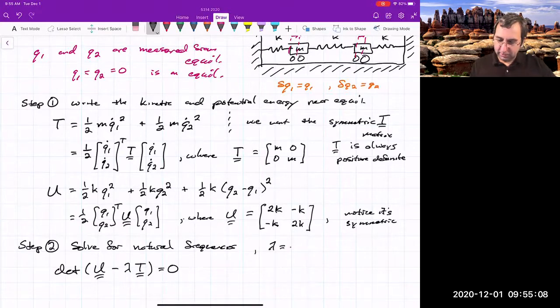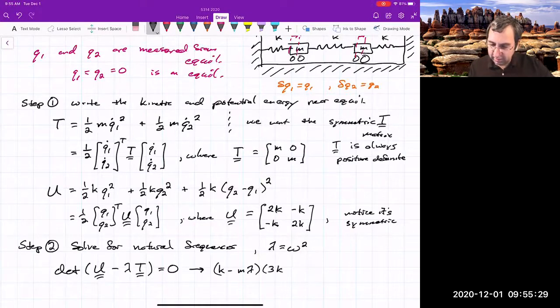And lambda equals omega squared. It's easier to just work with lambda when we're doing this though. So if you write out this determinant, you'll get that it becomes K minus M lambda times 3K minus M lambda equals 0. So that's our characteristic equation for the lambdas.